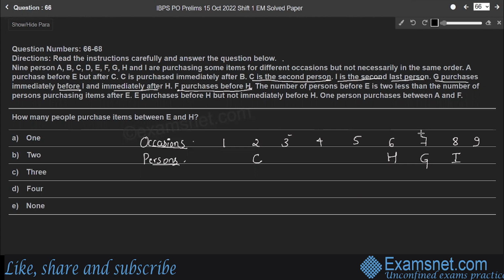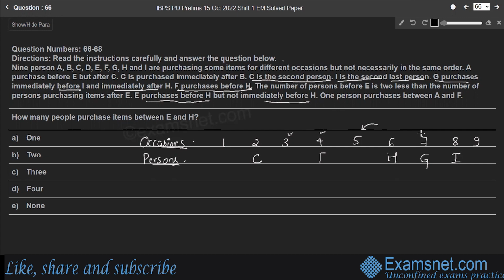So how to clarify this doubt? F purchases before H and here E purchases before H but not immediately before H. So E cannot purchase immediately before H. Therefore, the position of F should be either the 4th position or 3rd position.